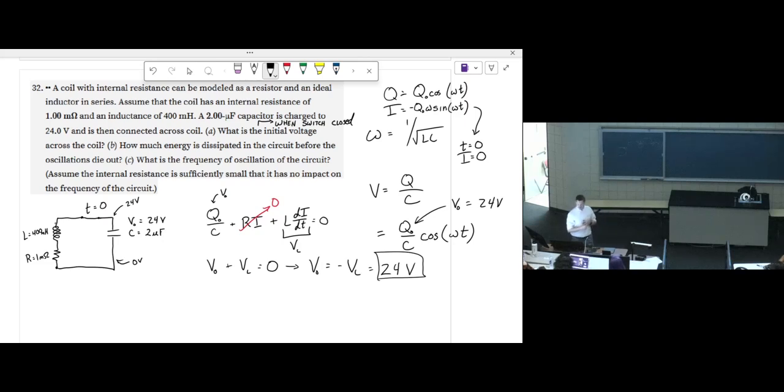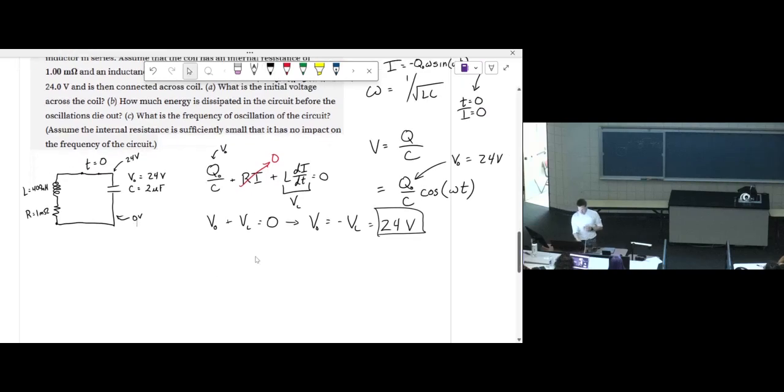How much energy is dissipated in the circuit before the oscillations die out? If the oscillations die out, that means that there's 0 energy left in the circuit. So we've gone from total energy to 0 energy. So that means for part B, as complicated as it sounds, how much energy is dissipated? We'll call this energy dissipated.